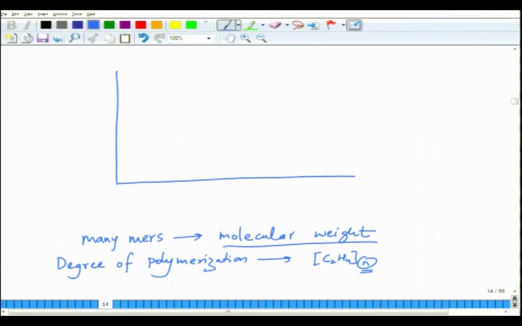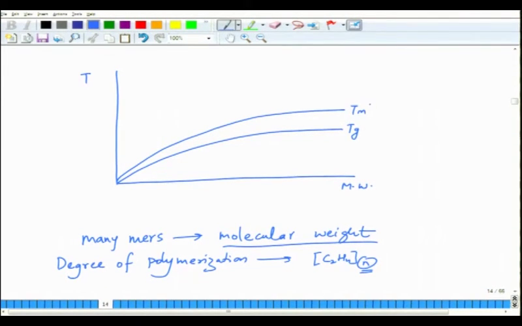So, if I plot, for example, temperature as a function of molecular weight of polymers, generally they have a behavior which is like this. Let us say this is Tg, and Tm, the melting point, is slightly higher.